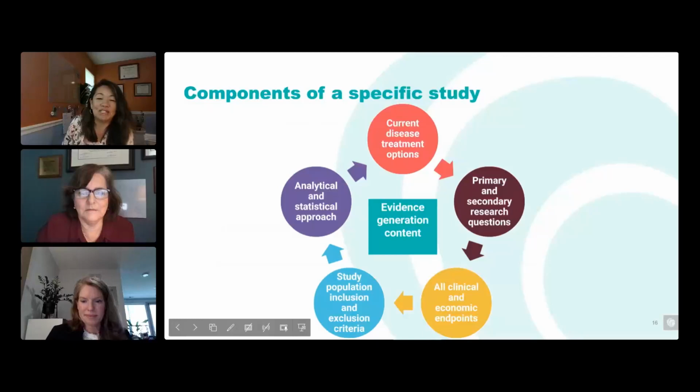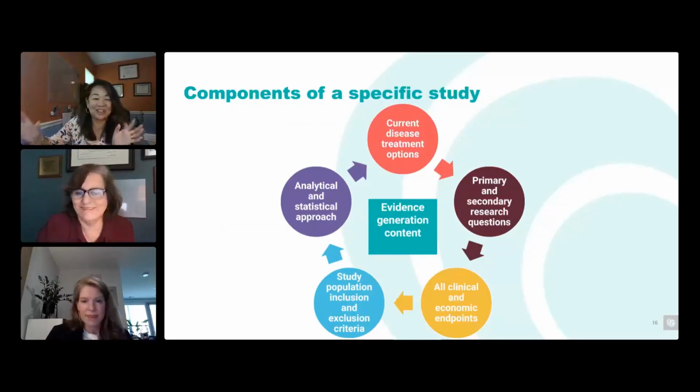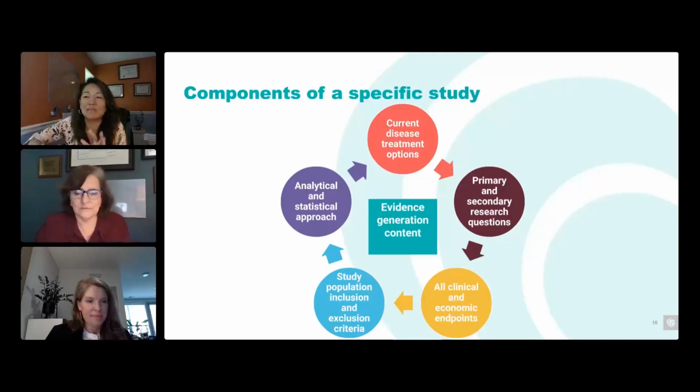Oh, that's perfect. I'd be remiss as an epidemiologist to not go into the weeds a little bit, right? Because as Allison mentioned, you really do need to be foundationally strong in terms of what are the components of your actual study so that you're not all over the place. I oftentimes will ask students, okay, what's the question you're trying to answer? What's the primary and secondary research question?